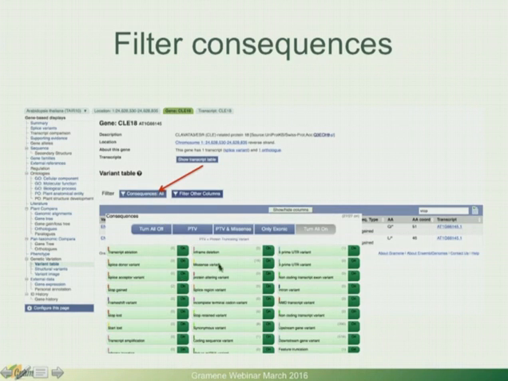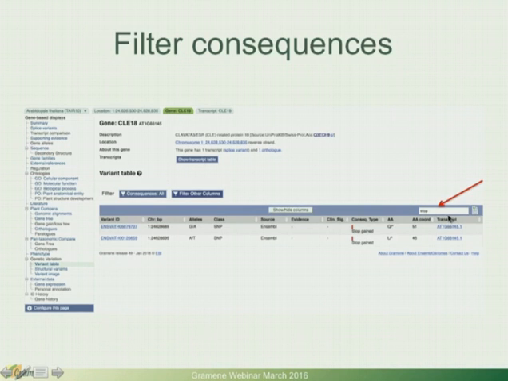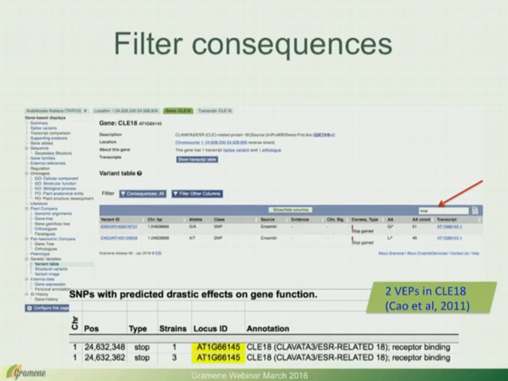I can select one of these categories, which is using the sequence ontology terms that I introduced to you in the beginning, or I could simply use this box for filtering, and I'm going to use the word stop because I want to find anything that has introduced or lost a stop codon. And I can see that there are two variants for this gene, and they map apart about 16 base pairs, if I'm not mistaken. No, 14, which is the same distance.